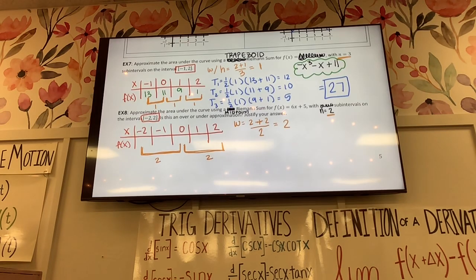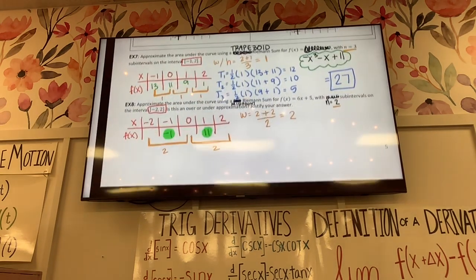If I want the midpoint, I need to figure out what the midpoint value is. I don't care about the left and the right. All I care about is the midpoint. So I need to figure out what this number is and what this number is, because that's what's going to determine the height. -1 and 11. Yep, so -1 and 11.